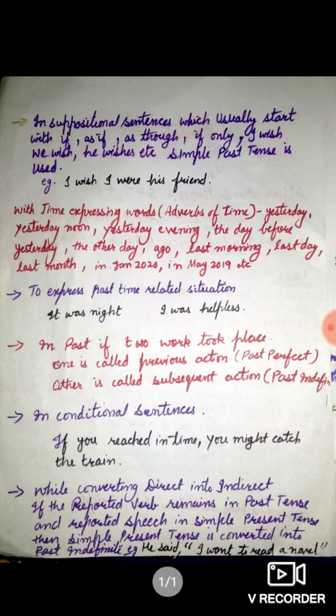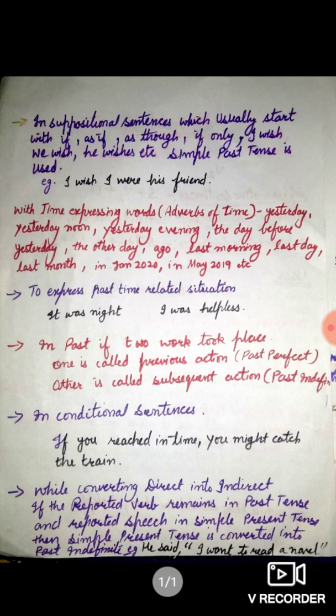Next, there are certain time-expressing words or adverbs of time with which past indefinite tense is used. Students, we need to learn these words and keep them in our mind.